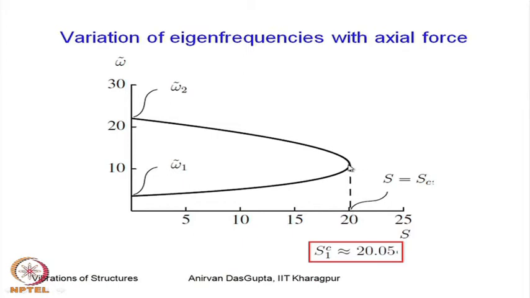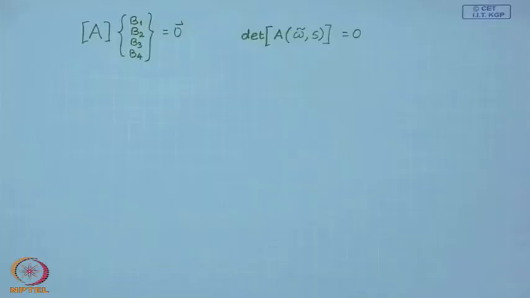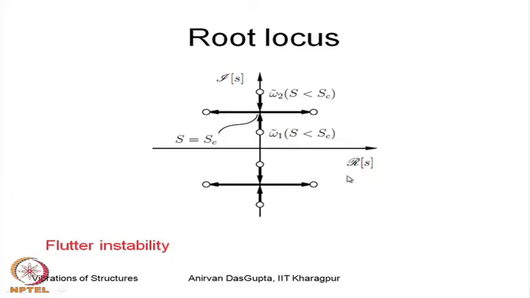This is the critical value, because after this they vanish. Now, to see what happens to these frequencies, we look at the root locus, where we plot the real part and the imaginary part of S.